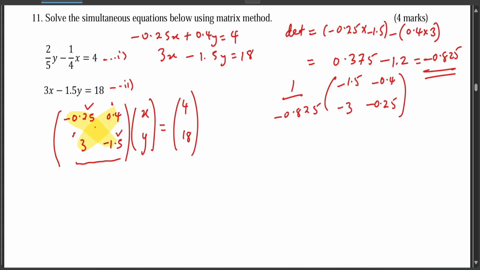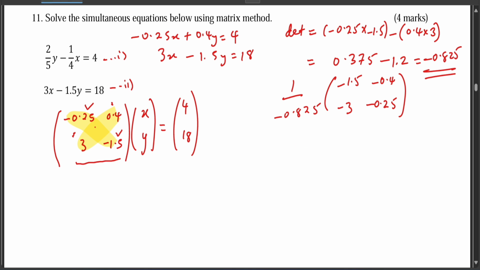Okay, up to here. So the inverse of this, let's do it early. So negative 1.5 divided by negative 0.825 should give you 1 point something, but let's leave it there. Let's just write it like this as we see it.